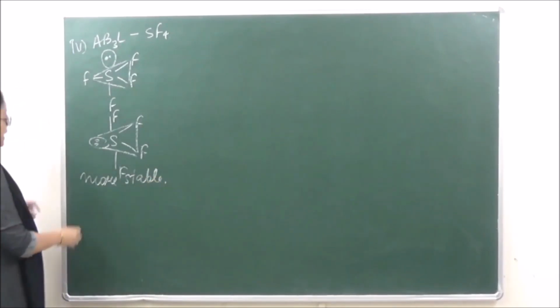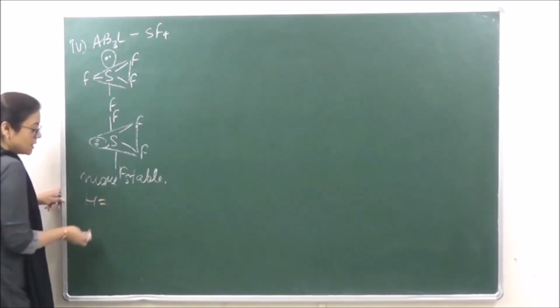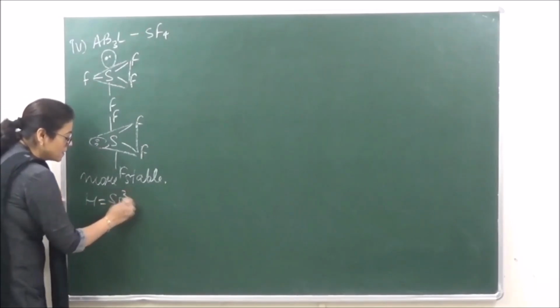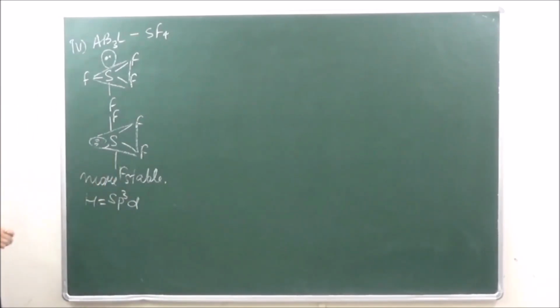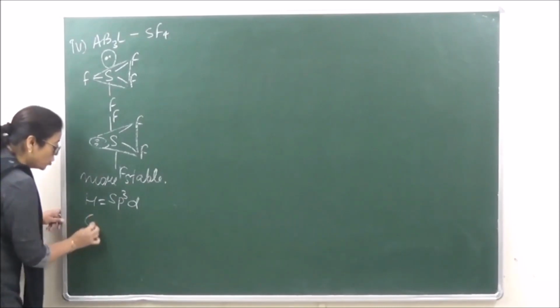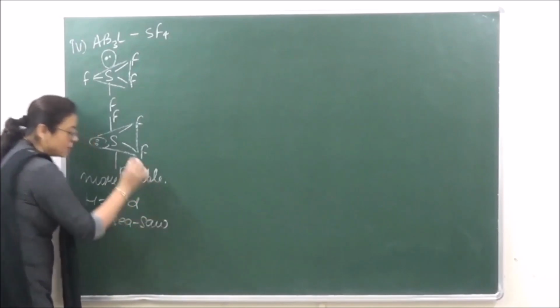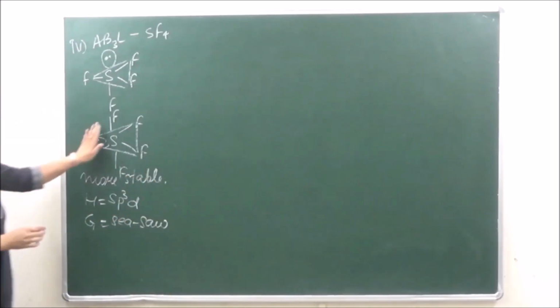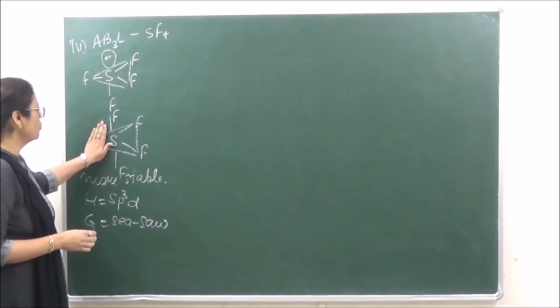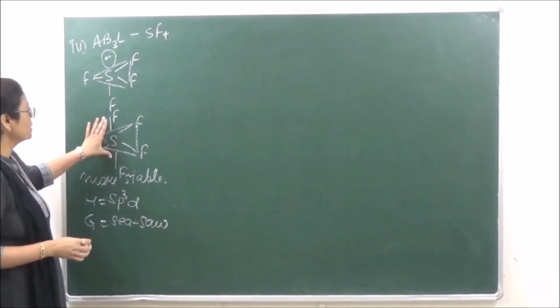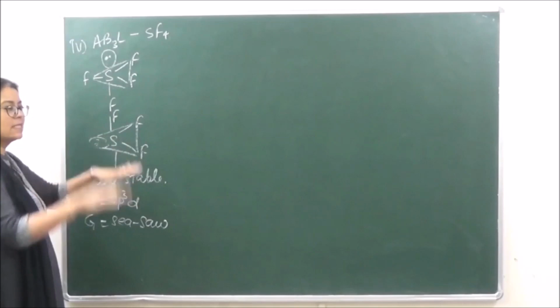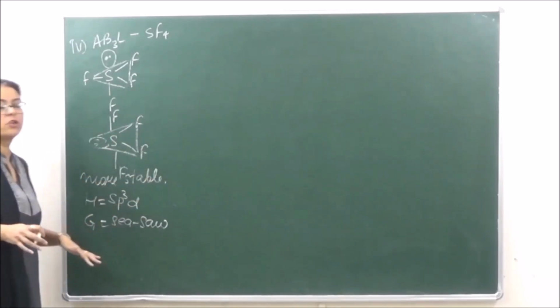ठीक है, hybridization in this case, that is going to be sp3d. Okay, and the shape or geometry, that is seesaw. So seesaw is this geometry. If you are not looking at the lone pair over here, both are on the opposite side. It's like a seesaw which the children play on.